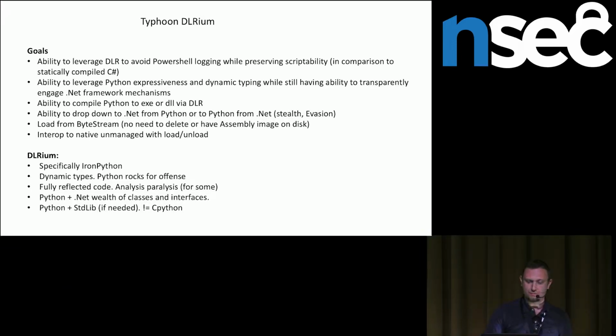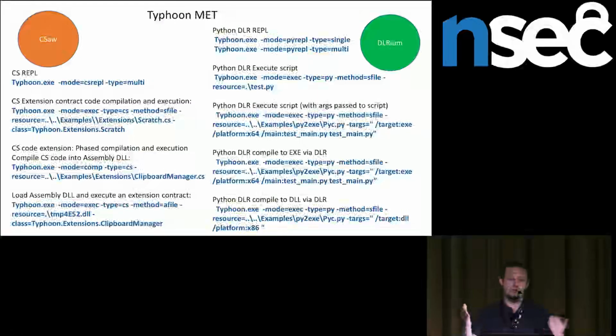So Typhoon Managed Execution Toolkit has two parts for now, right? It's the Seesaw that is able to do the REPL, do the dynamic deletion of artifacts, do compilation of the DLL, loading the DLL directly without executables in memory, and calling functions in that DLL.